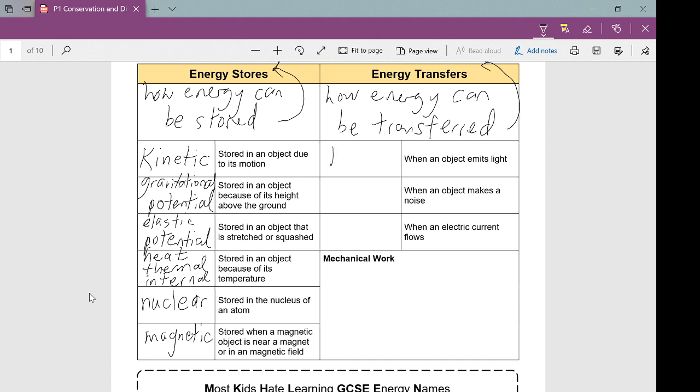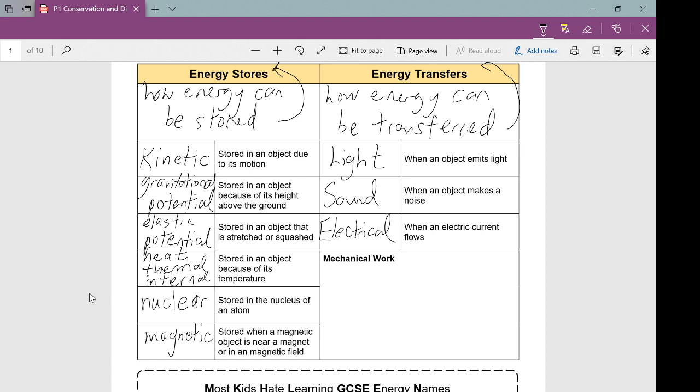So it can be as light energy, it can be sound, or it can be electrical. So for example, electrical energy through the wires transfers to a light bulb, and that light bulb emits light energy to its surroundings.